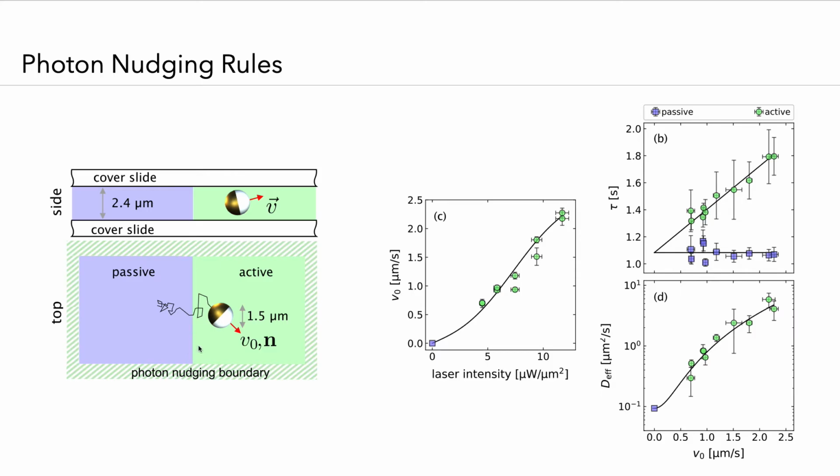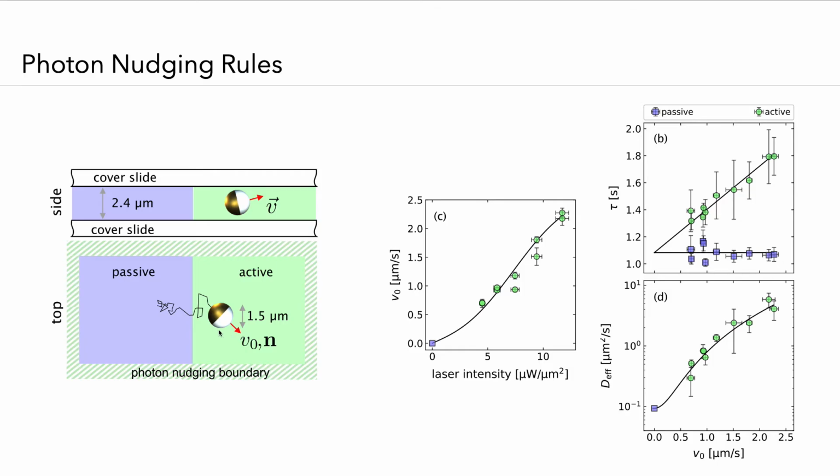By doing that, you can create an active-passive boundary which is extremely sharp, only has an uncertainty which is roughly the localization accuracy of your particle in your experiment. So it's around 20 or so nanometers. This is the trick you do to create a passive-active boundary where you would like to measure the polarization.